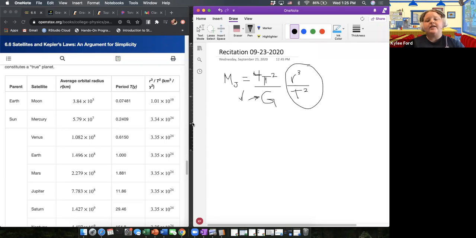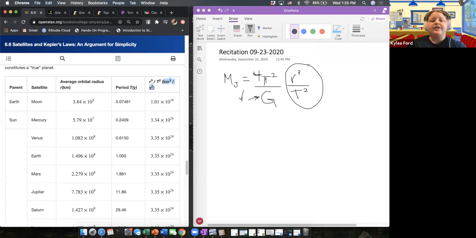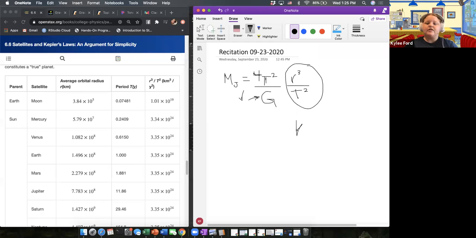Now, the thing that might be a little bit tricky is the units, like I mentioned, and that's right here. So our units that are given to us are in kilometers cubed over years squared. That's what the Y is.